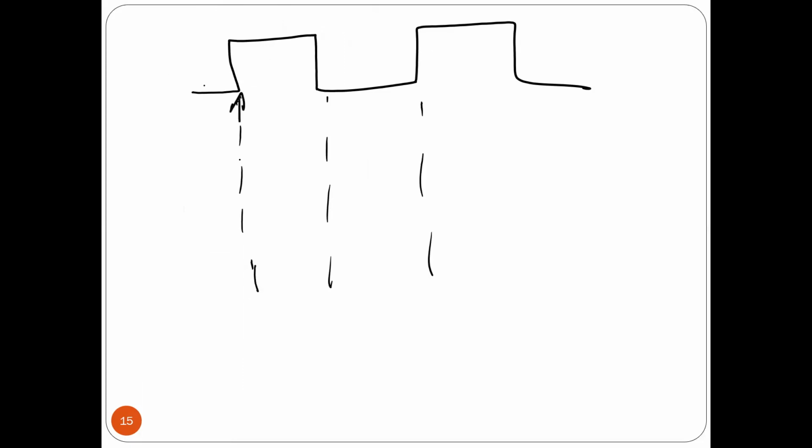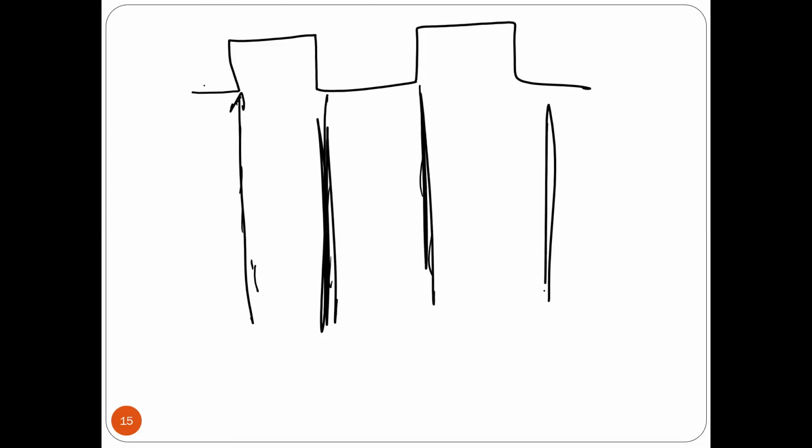Okay, so this is 1 bit for me, this is also 1 bit, this is 1 bit. So we are synchronized. Is that okay? Okay, this is what should be.